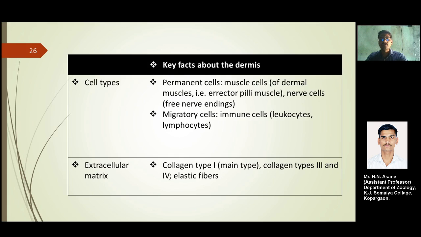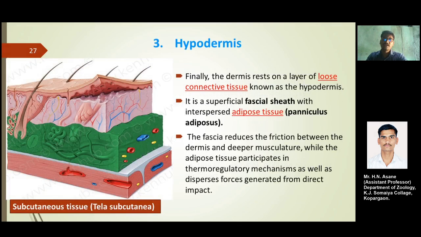The supporting role is played by collagen type 3 and collagen type 4, with the elastic fibers. Some elastic fibers provide elasticity to the dermis as well as flexibility to the skin.